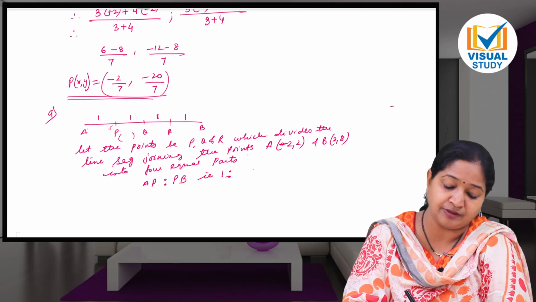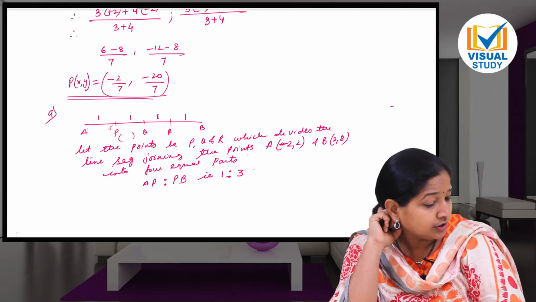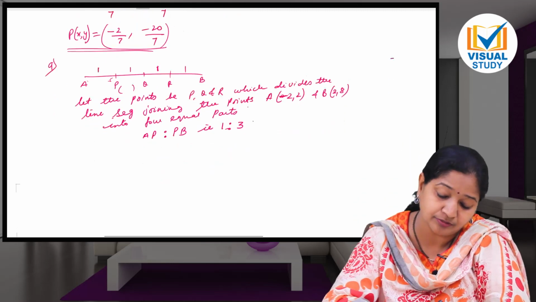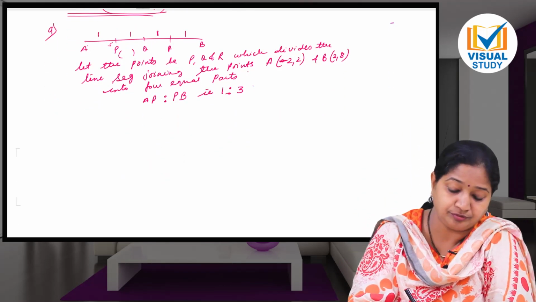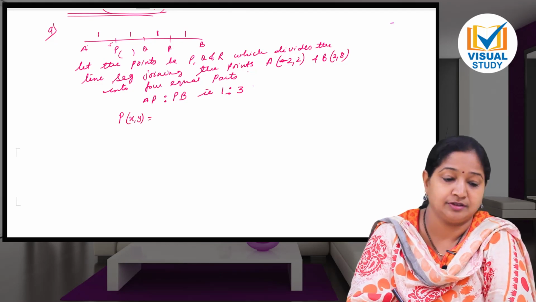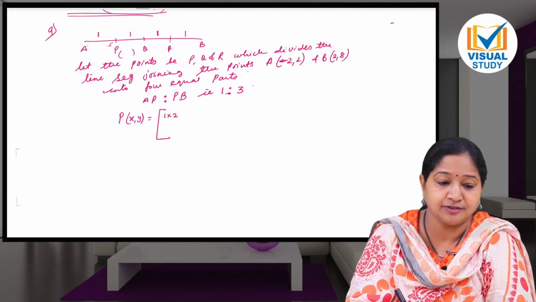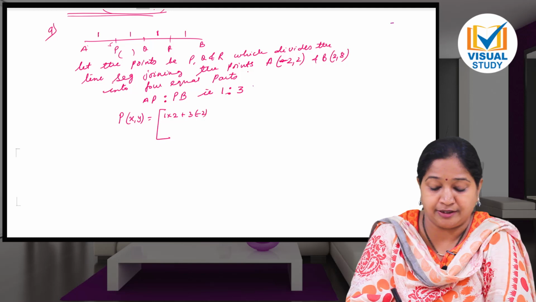See here, this is one part and this is 3 parts. So 1 is to 3 will be the ratio. Again put it in the section formula. P point we are finding now. So (x, y) is, I will not write the section formula now, plus 3 into -2 upon 1 plus 3.